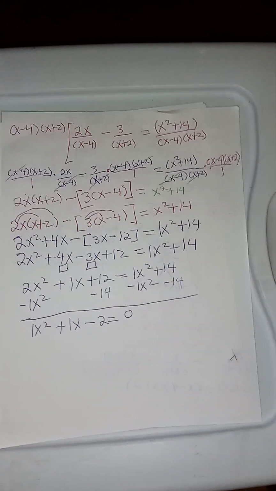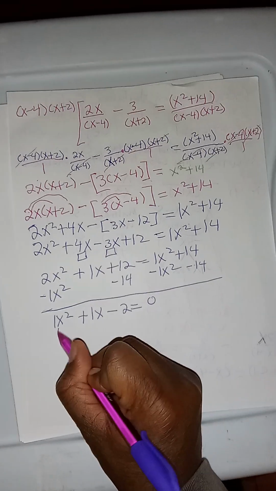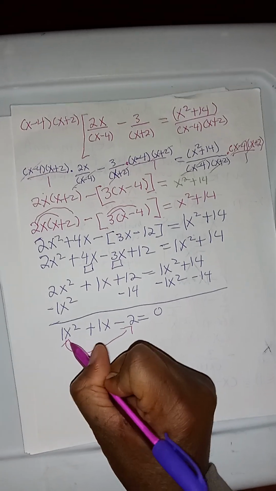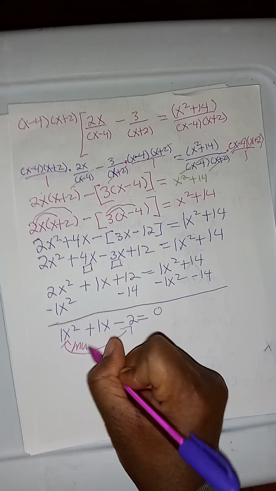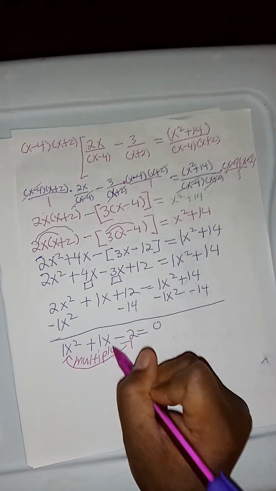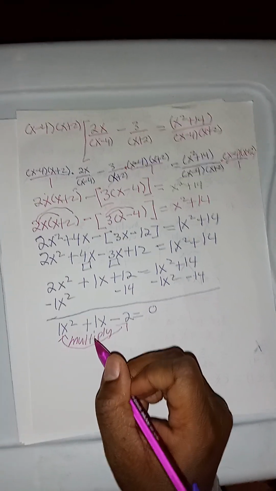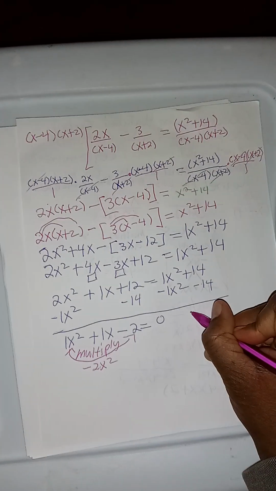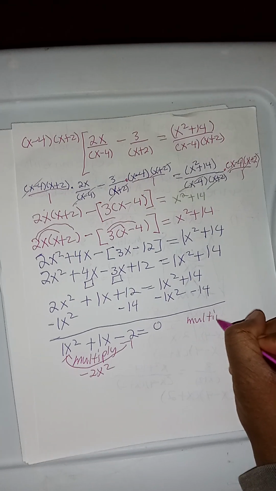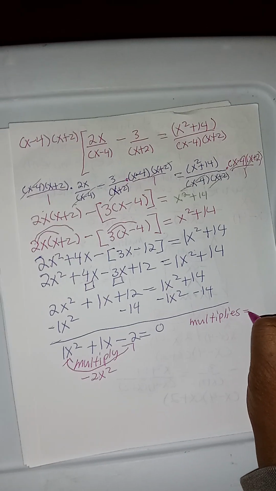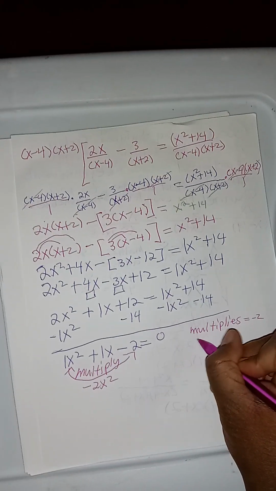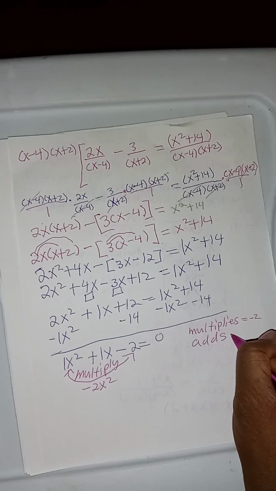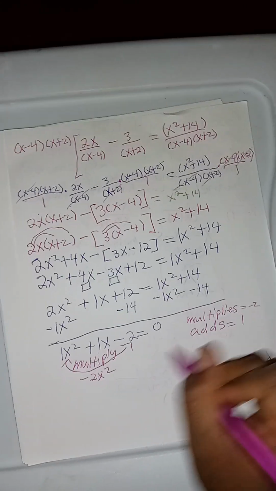Now we need to factor by grouping once again. So multiply the first and third terms, and we will obtain -2x squared. So what multiplies to equal -2 and adds to equal +1.